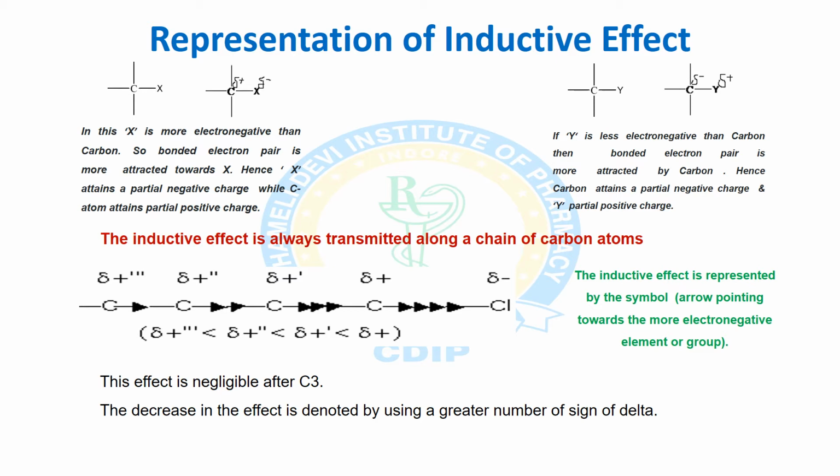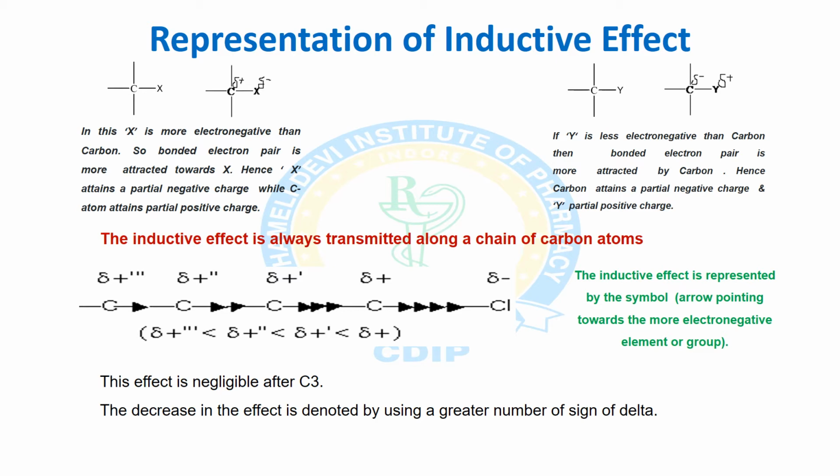It has electronegativity higher than the carbon atom attached to it. Because of the electronegativity difference, it pulls the electrons from the neighboring carbon atoms towards itself, because of the nature of chlorine as an electronegative element, shifting the electron cloud from the carbon towards the chlorine, and in doing so the carbon attains a partial positive charge and chlorine attains a partial negative charge.